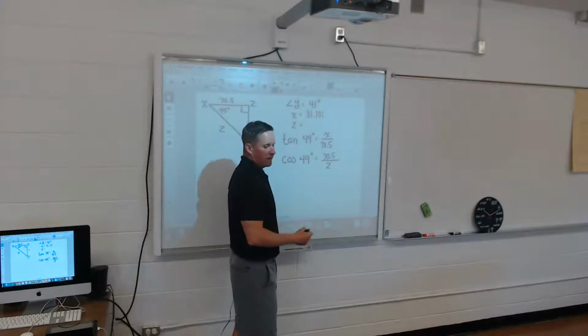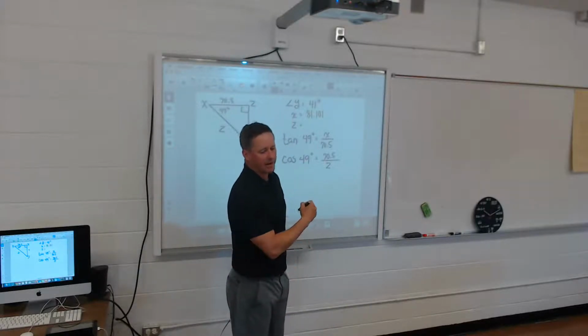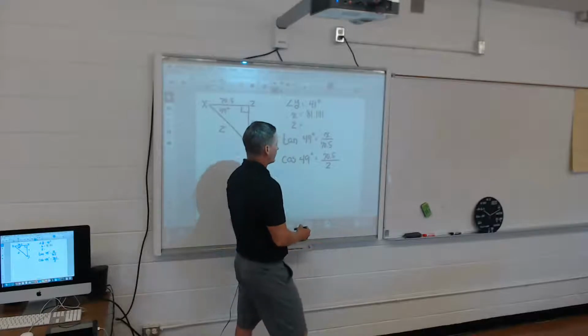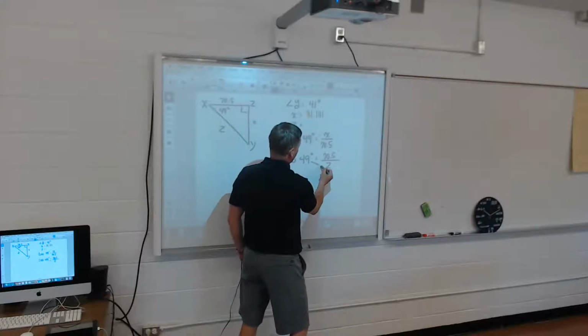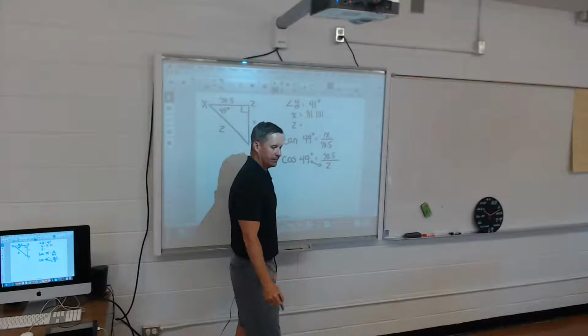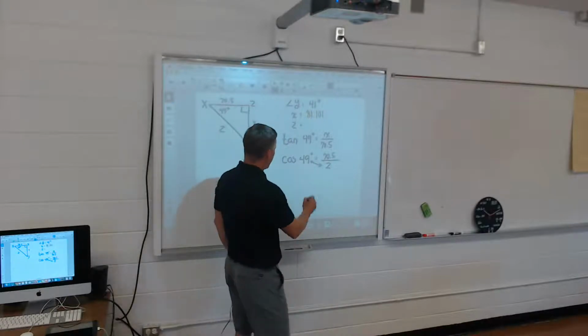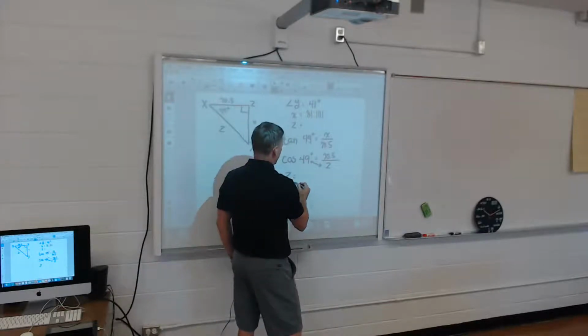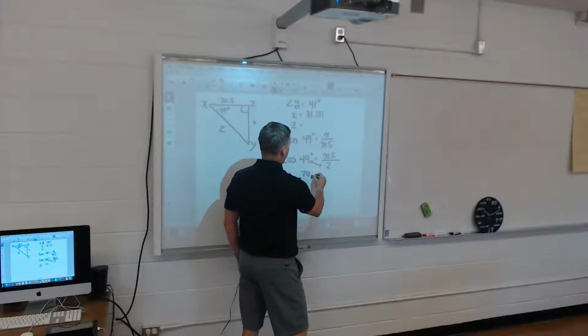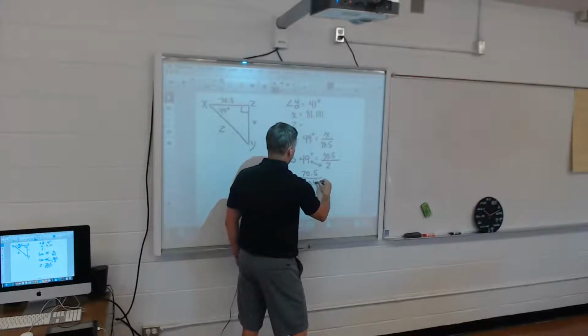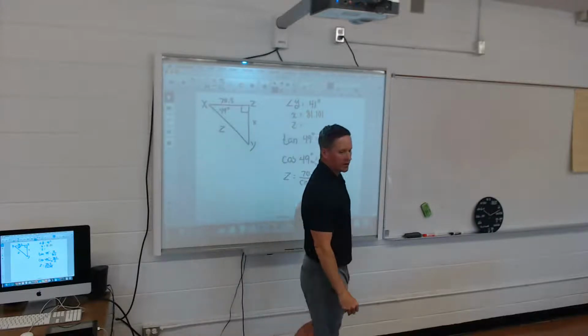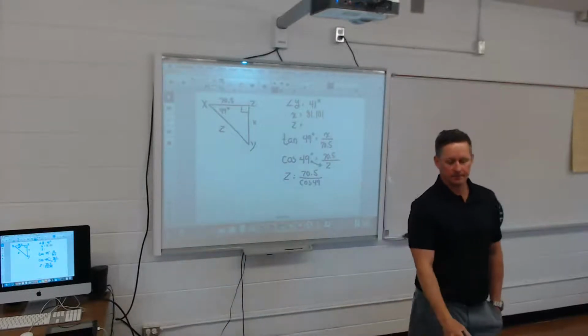So in this case, mathematically speaking, I multiply the z up, I divide cos 49 down. But all I got to really do is just switch those two. So now I get z is now equal to 70.5 over the cos of 49.